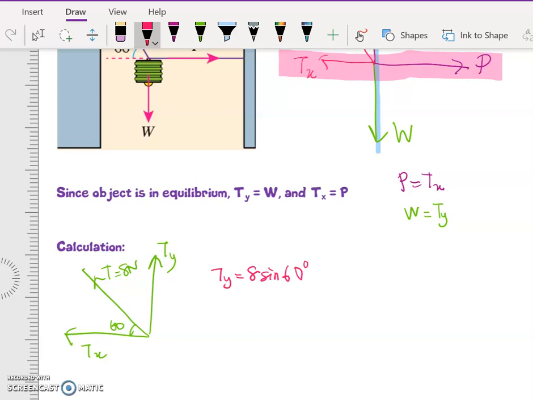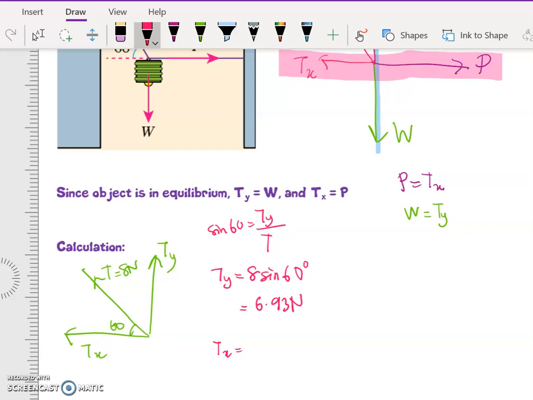This is taken from the formula sin 60 equals Ty over T. So when you calculate it using your calculator, you will get Ty equals to 6.93 Newton. Whereas to find Tx, you are going to use cos.